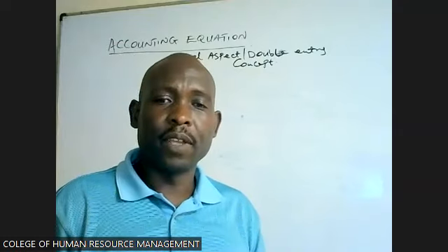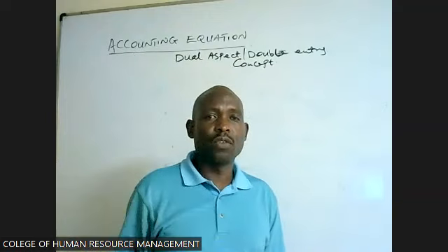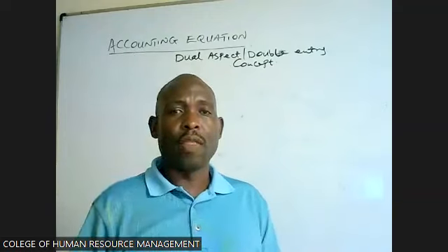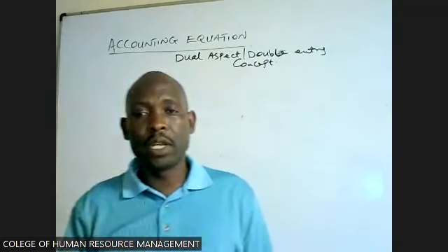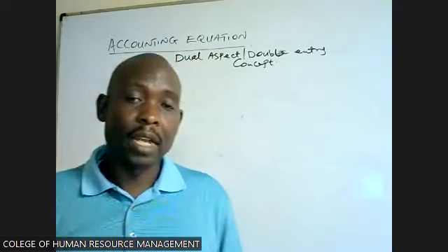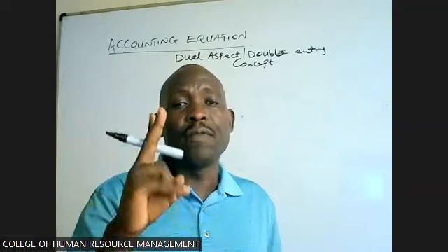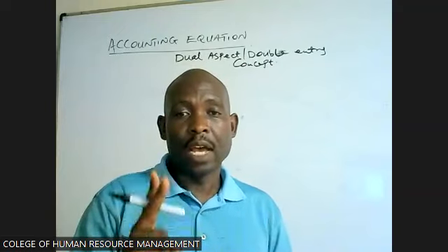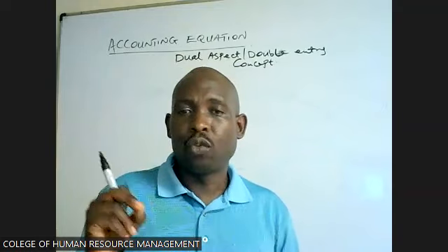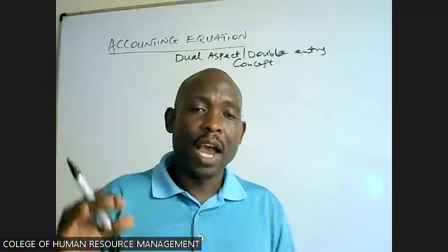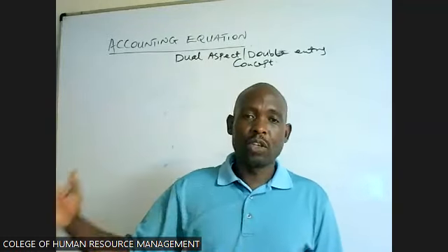So this concept simply states that when we are recording transactions in the books of accounts, we must always ensure that for every debit entry, there must be a corresponding credit entry. Meaning that every transaction that happens in the business has got two effects. Therefore, it will affect two accounts. And today, I want us to see how the transactions affect the accounts in two ways.